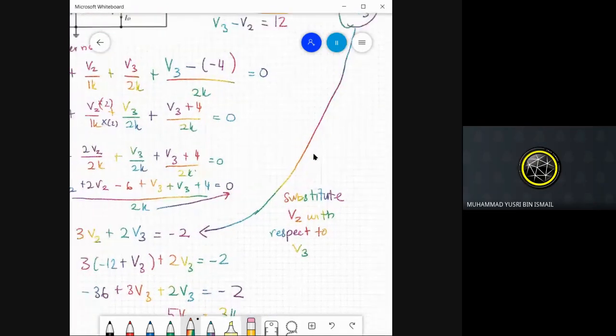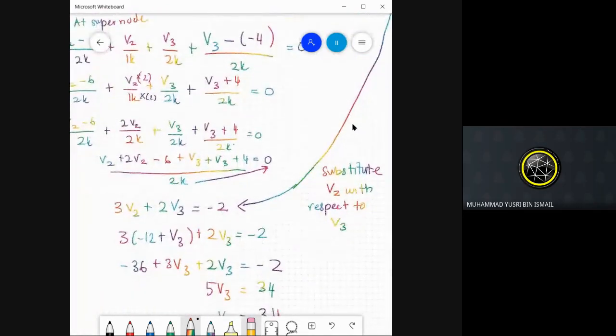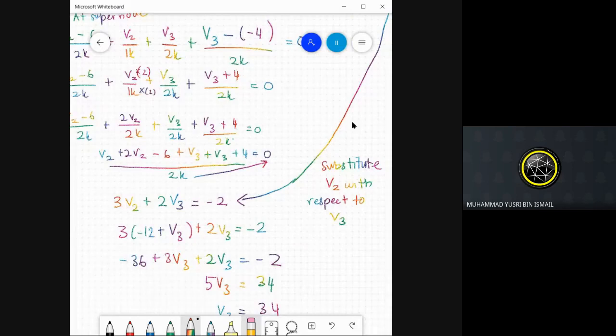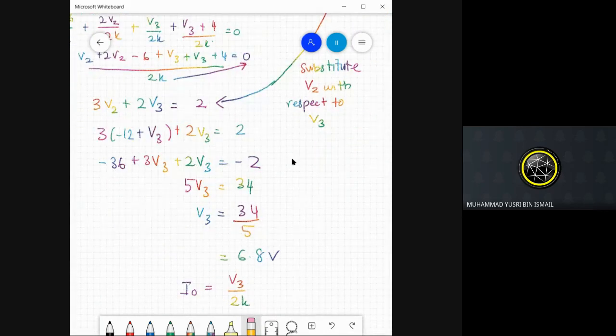Okay, 3V2, this one will be positive, because negative 6 plus 4. So when you bring it to the right hand side, you will have 2, plus 2. Okay, I will write it from the beginning.